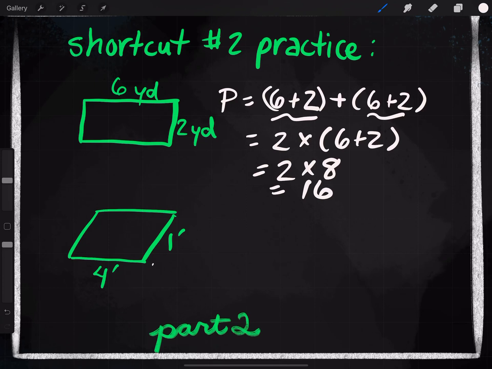Okay, this other one, the perimeter equals 4 plus 1 plus 4 plus 1.